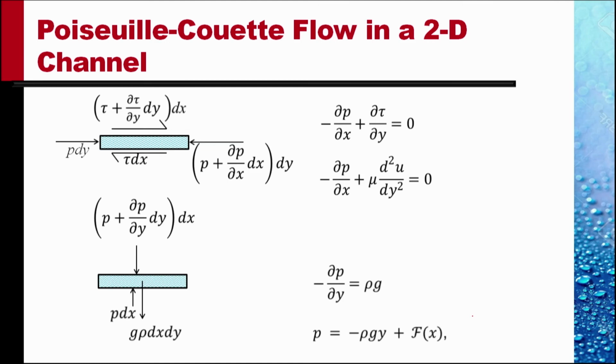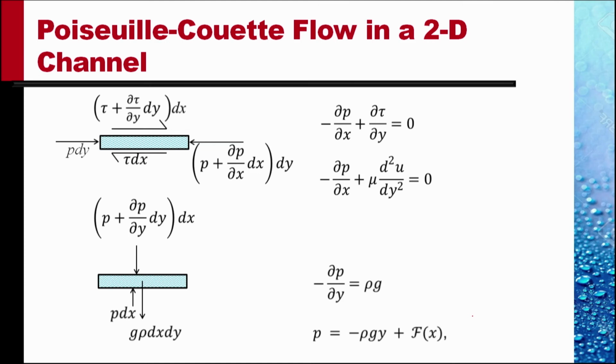And the sum of these forces should be 0, and that gives you minus del P by del y is equal to rho g. Simple integration of this would give you P is equal to minus rho g y plus some function of x, because it's only the partial derivative with respect to y that is rho g. So when we integrate, a function of x or a constant can be added.